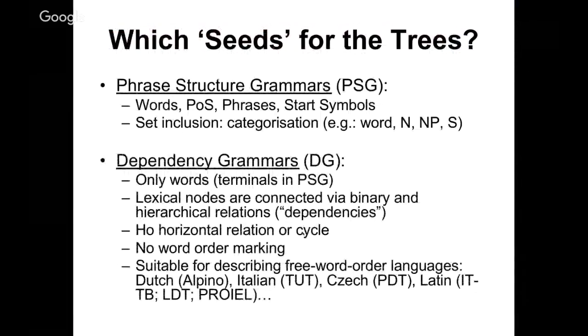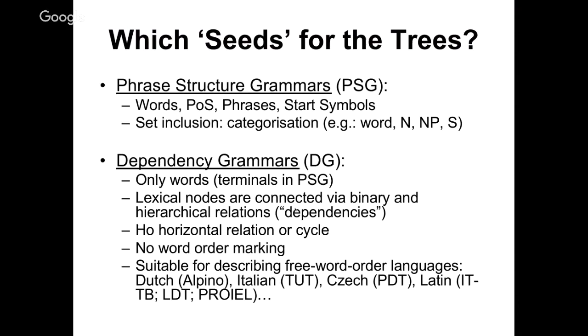So on the other side, you can use dependency grammars to design trees. In a dependency grammar tree, the nodes of the tree are filled only with words, those that are called terminals in phrase structure grammars. And these lexical nodes are connected via binary and hierarchical relations called dependencies.